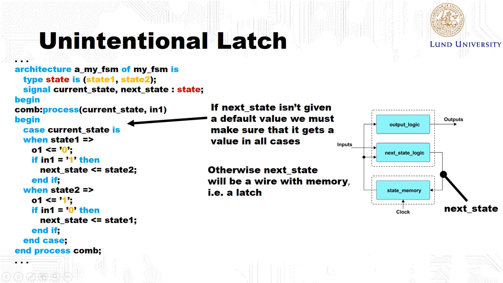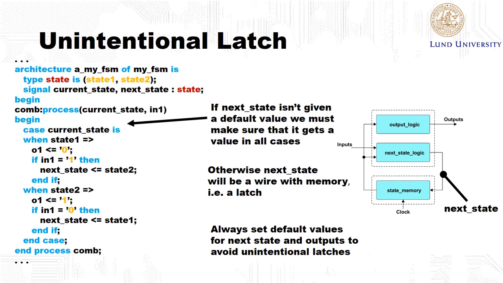So typically you will also get a warning, so keep an eye out for this. And my tip to you is to always set default values for the next state signal and also for the output of your finite state machine in the combinational part of your circuit description.